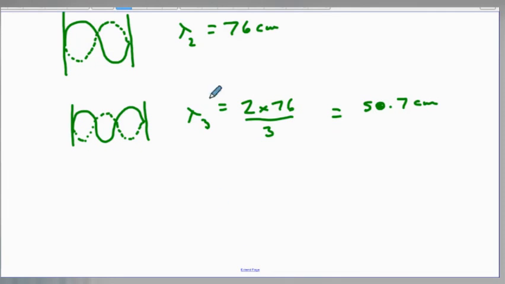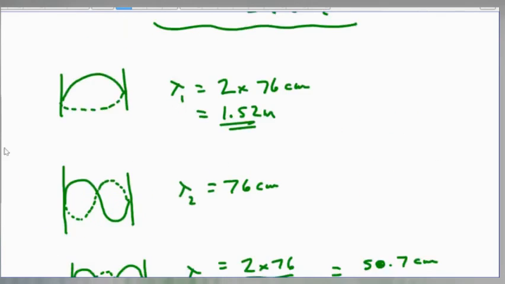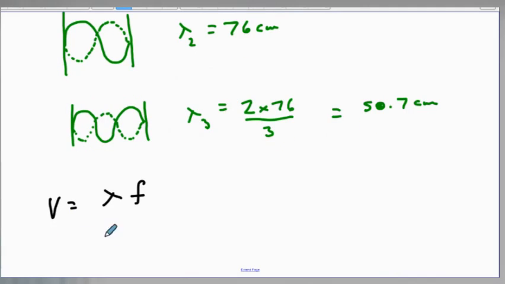The last part of this question was to calculate the velocity of the wave. The velocity of the wave is simply the wavelength times the frequency. Now the question is, which one should I use? I've got 3 frequencies and 3 wavelengths. Let's just do it for a couple of them, just to see what we get.